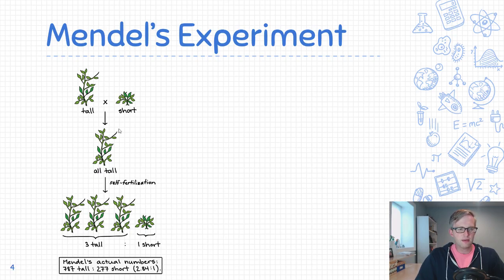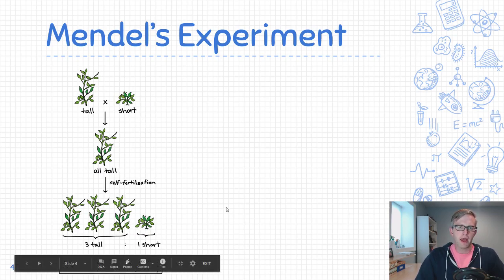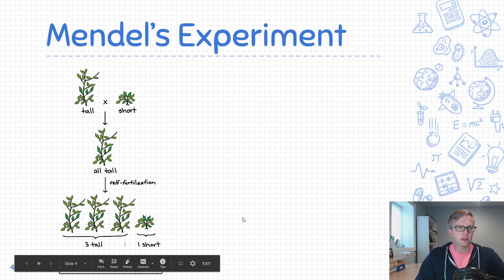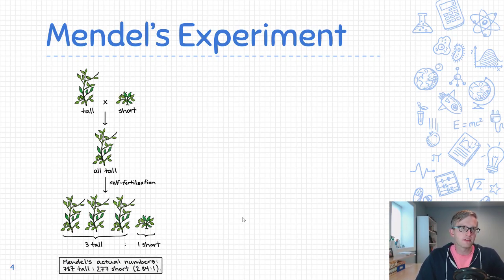So while it seemed like this generation had lost the ability to be short, when he allowed them to self-fertilize, it came back. And in fact, it came back as roughly a quarter of the total number. The exact numbers from Mendel's experiment are listed there: 787 tall, 277 short.